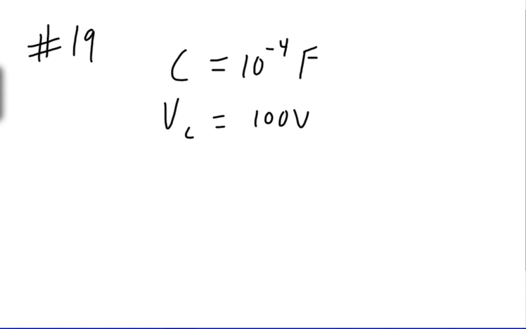A capacitor has a capacitance. Isn't that lovely? Don't you just love it when they say some really cool thing like that? A capacitor has a voltage of V across the capacitor, 100 volts. At a given instant, t equals 0, the capacitor is connected to a source.